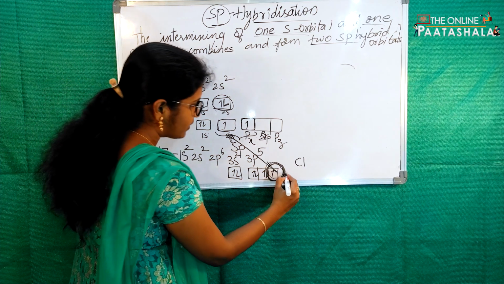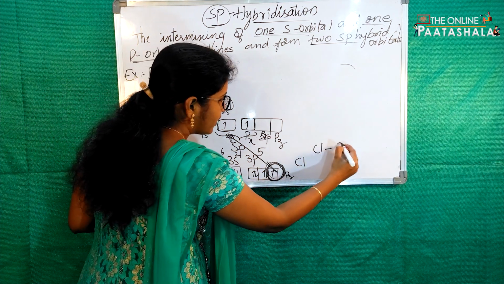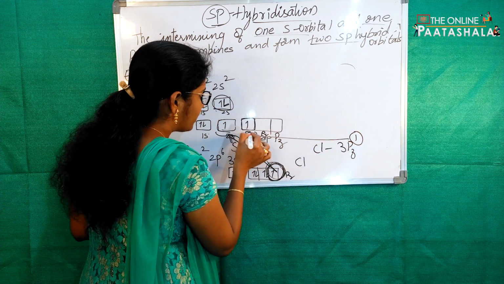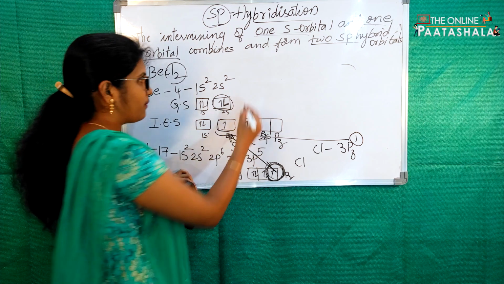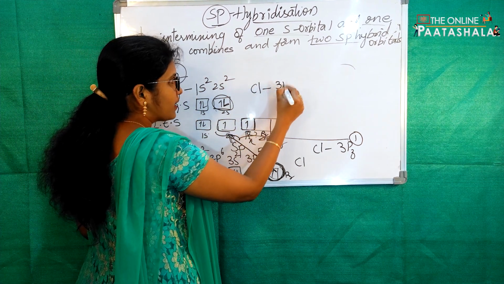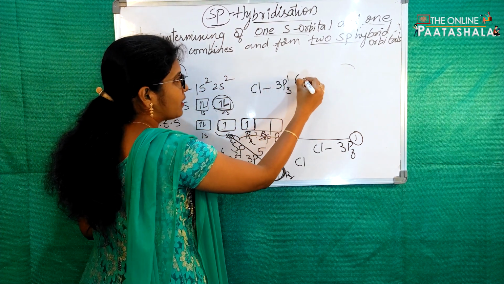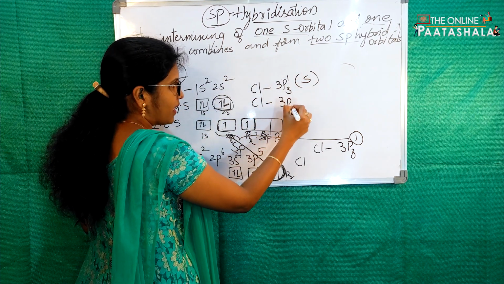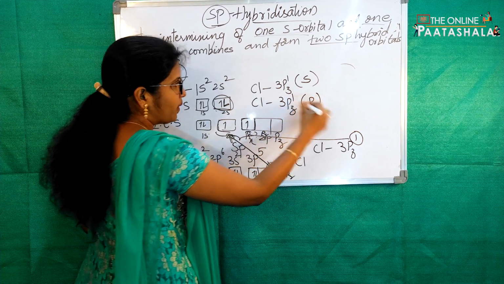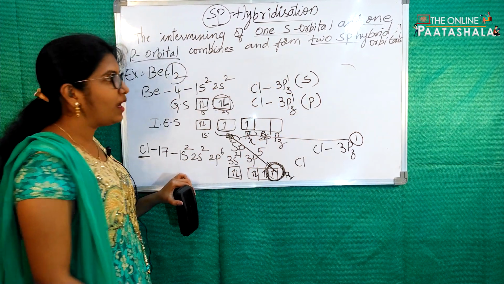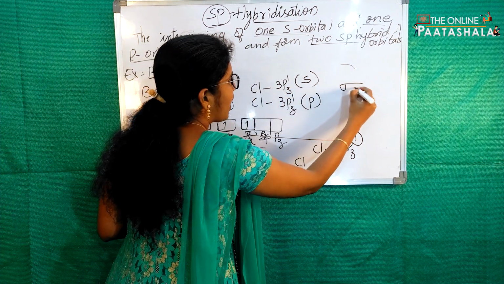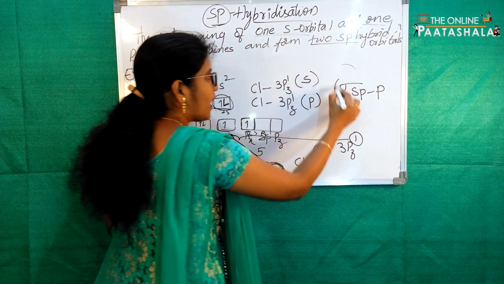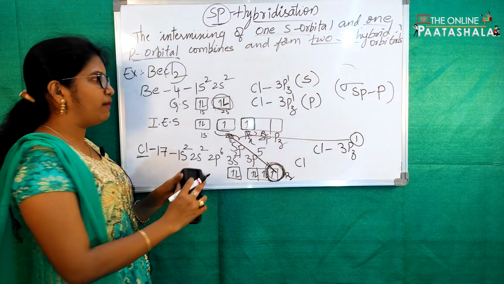Another chlorine's 3pz one electron will overlap with the p orbital, and forms sigma sp p hybridization.